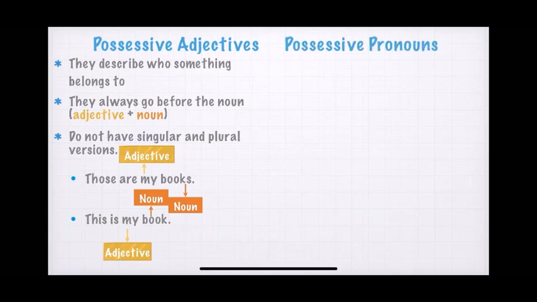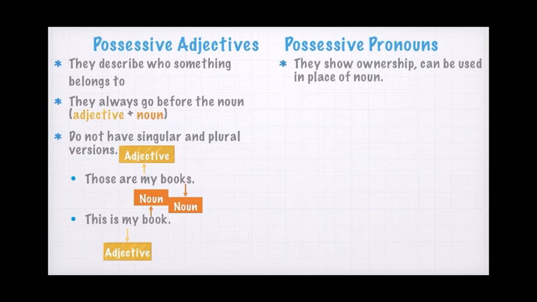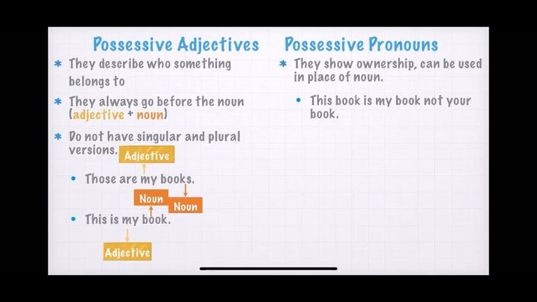Possessive pronouns. They show ownership and can be used in place of a noun. This book is my book, not your book. Now if you see, children, in this sentence, the noun book is being repeated again and again. My book, your book.